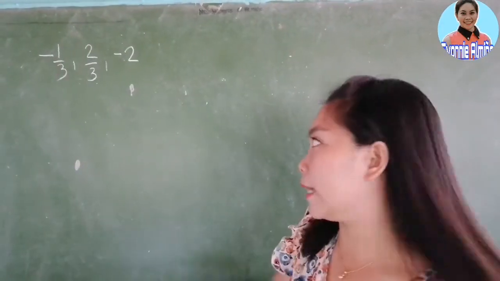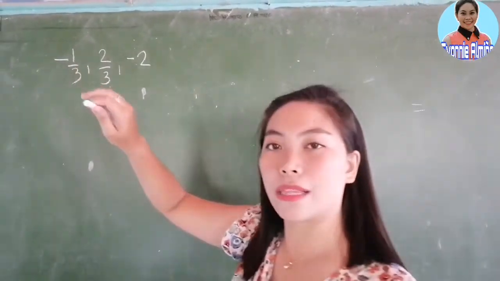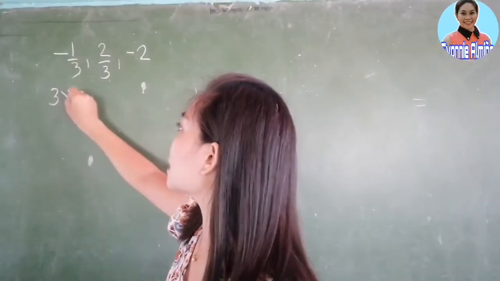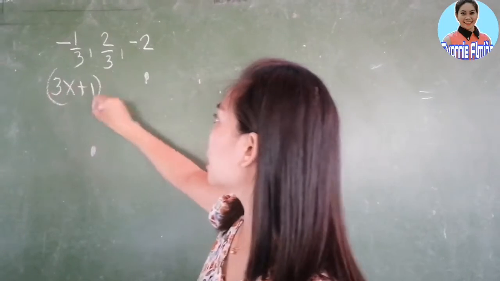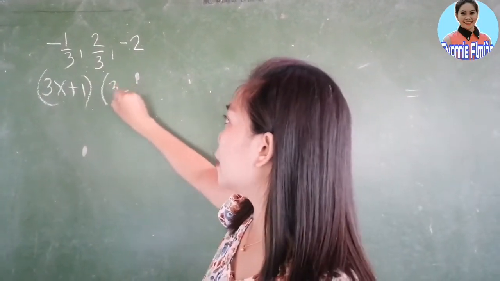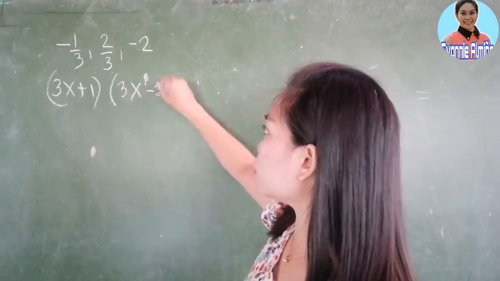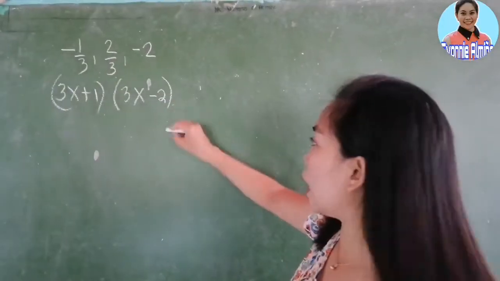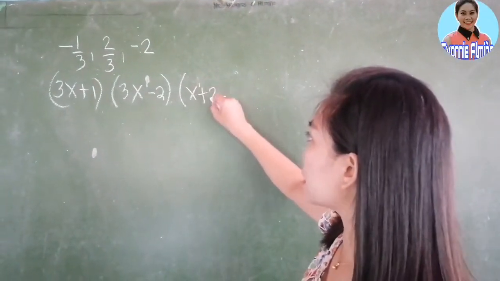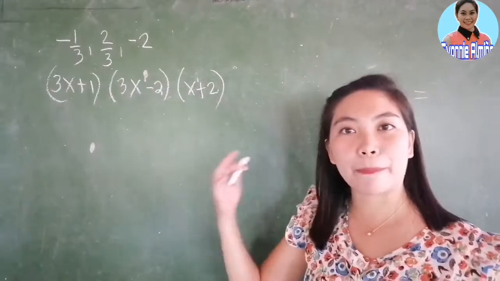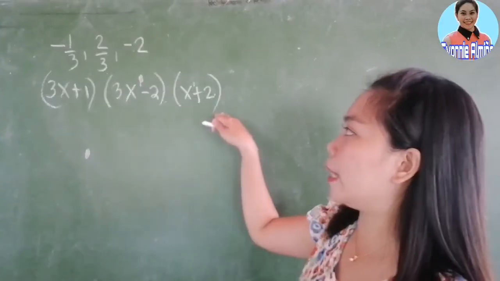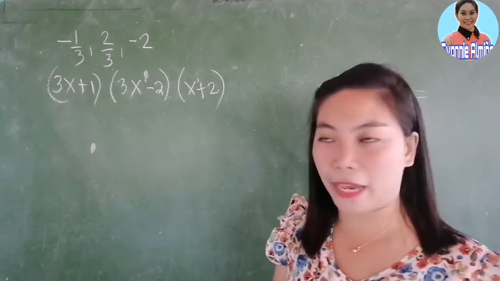So, tingnan po natin. So, yung negative 1/3, we have 3x plus 1. Then, yung 2/3, you have 3x minus 2. Then, si negative 2, gagawin po natin x plus 2. Then, what will happen? Yung gagawin naman po nating step is FOIL method.